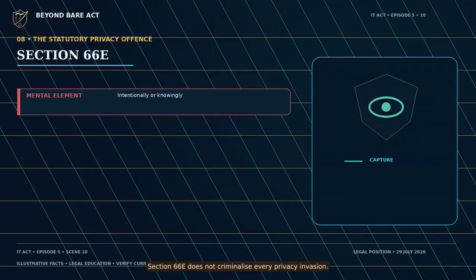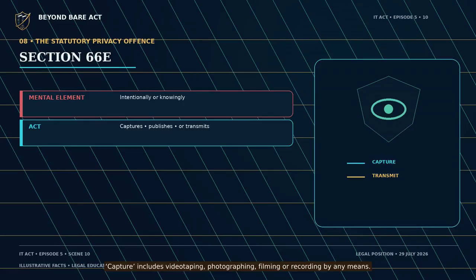Section 66E does not criminalise every privacy invasion. A person must intentionally or knowingly capture, publish or transmit an image of the private area of any person without consent, under circumstances violating that person's privacy.